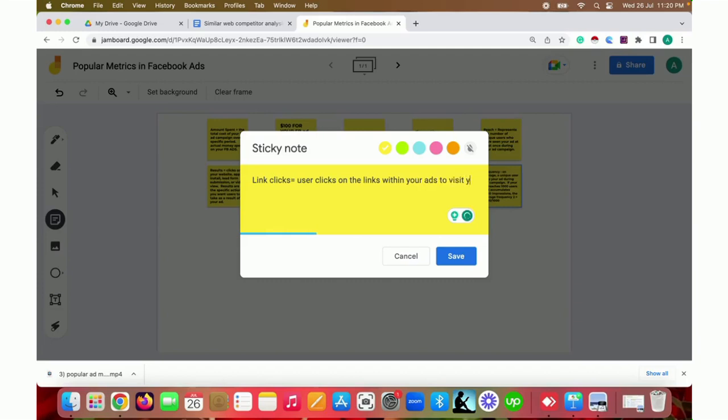This link is definitely going to be an external link. For example, if your ad receives 100 link clicks, it means that 100 users clicked on the link within the ad to reach your landing page.